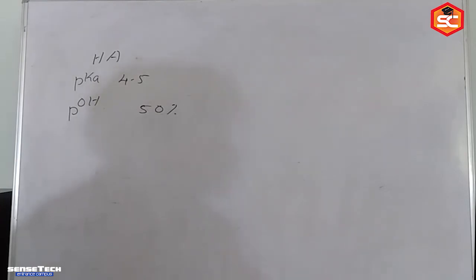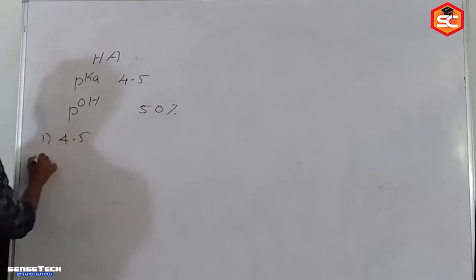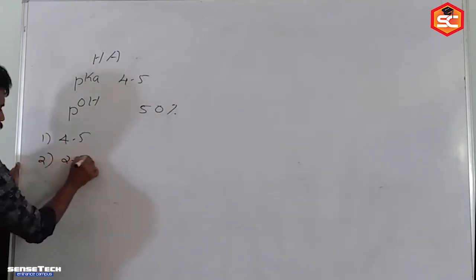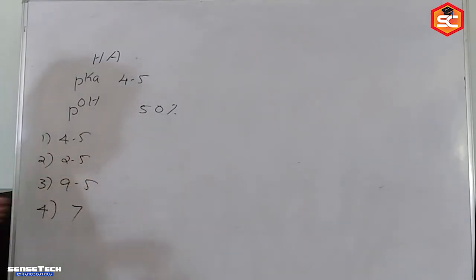Question is clear now. The pK of the weak acid is given as 4.5. The pOH of the aqueous solution of HA in which 50% of the acid is ionized. The options given are 4.5, 2, 2.5, 3, 9.5, 4, 7.